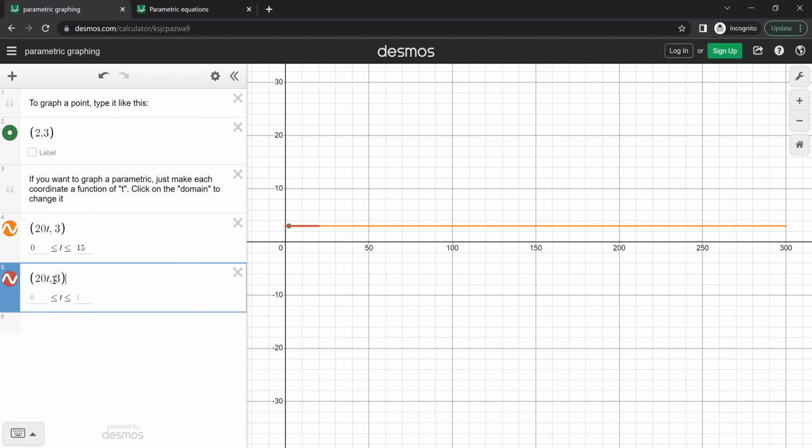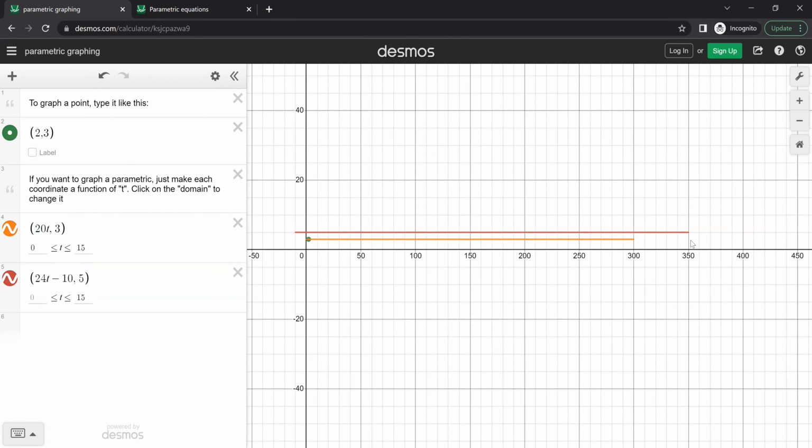The other person is 24t minus 10, comma 5, but they're also going for some amount of time. Now notice if they go the full 15 seconds, they're going to go a lot further. Like they're going 350.